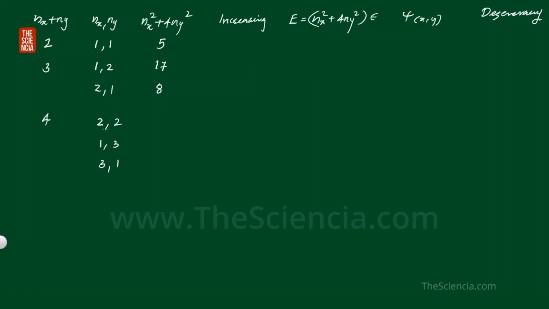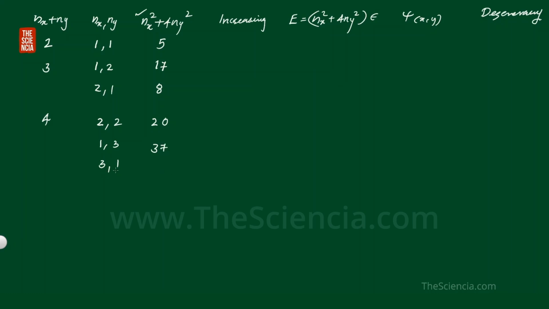When we take nx is 2 and ny is 2, we get 2 square plus 4 into 2 square, that is 4 plus 4 into 4, that is 16 plus 4, that is 20, right? Then the other combination, 1 and 3, is 1 square plus 4 into 3 square, that is 4 into 9, that is 36 plus 1, that is 37.